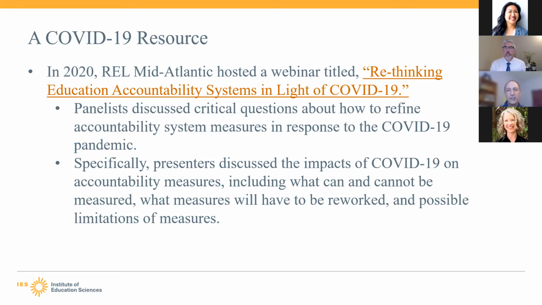So panelists discussed questions about how accountability measures might look a little different in the pandemic, and how the pandemic itself might affect measures, what may have to be paused or done away with in this year to be restarted once things are restored, and how states and jurisdictions might have to think about that during this time. Next slide.